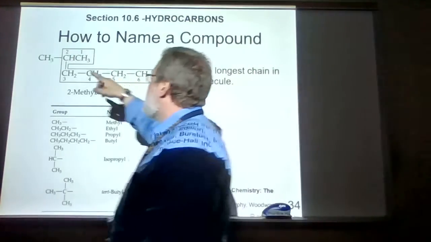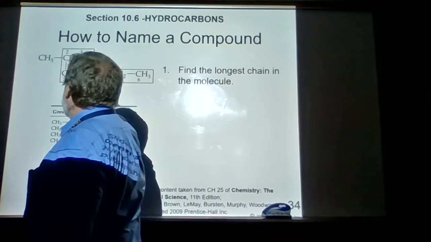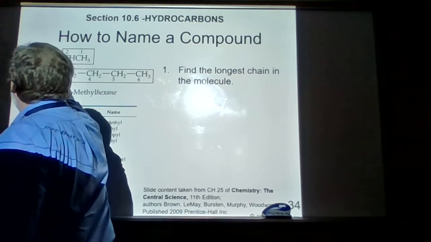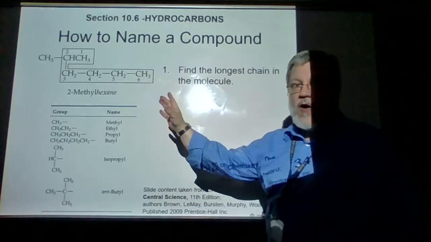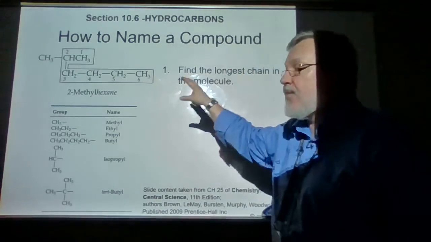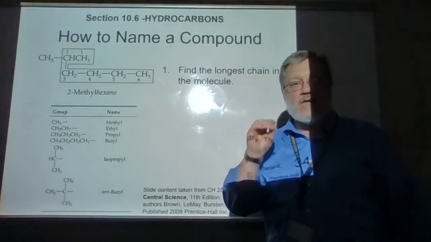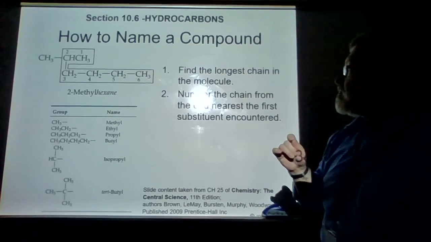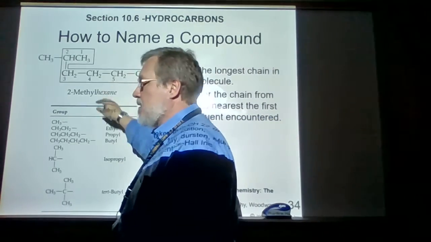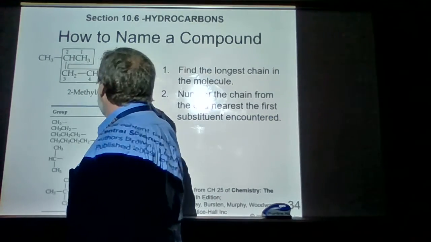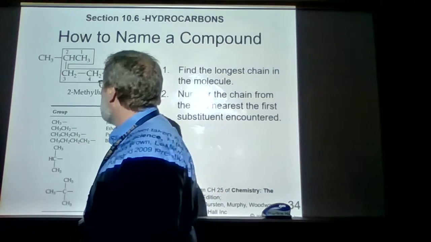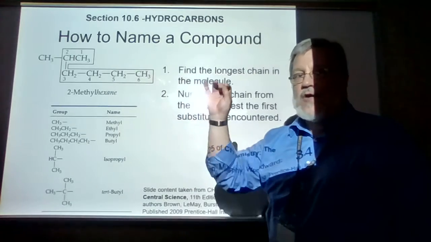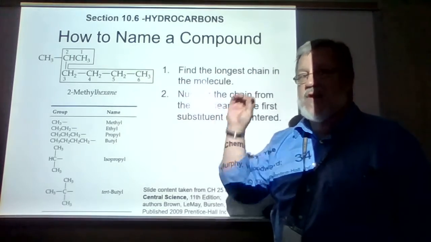So if we count 1, 2, 3, 4, 5, 6, the longest connection of all these together gives us a C6, or a hexane. So this is a hexane. Either numbering this way or this way, we get 6 carbons. That's the longest chain of carbons that are uninterrupted, connected to one another sequentially.